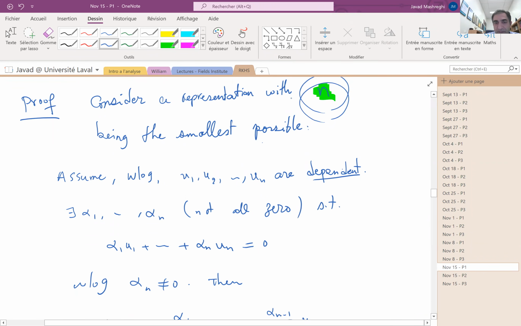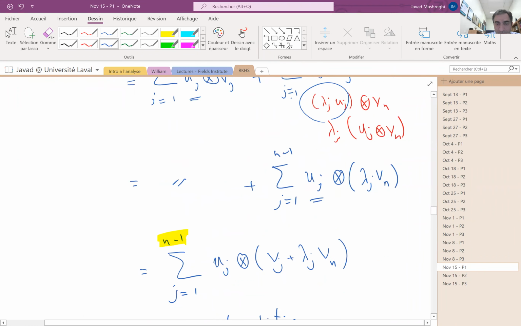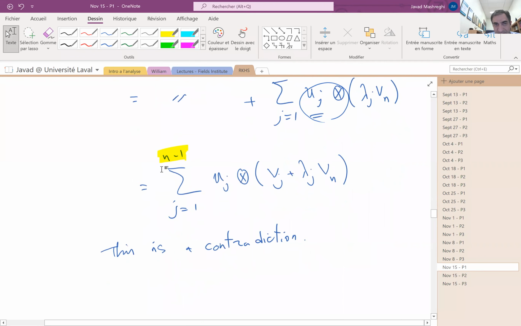And if they are dependent, we can go one step lower and obtain another representation with n minus 1 elements.